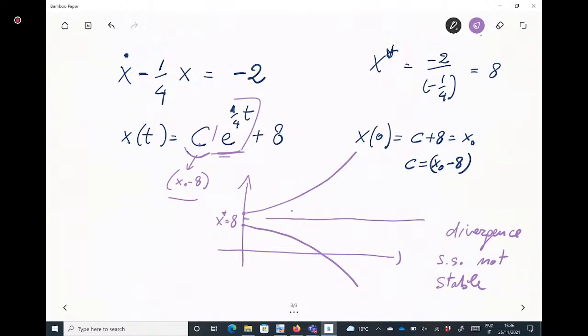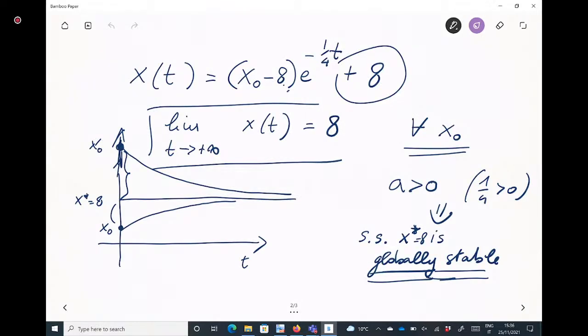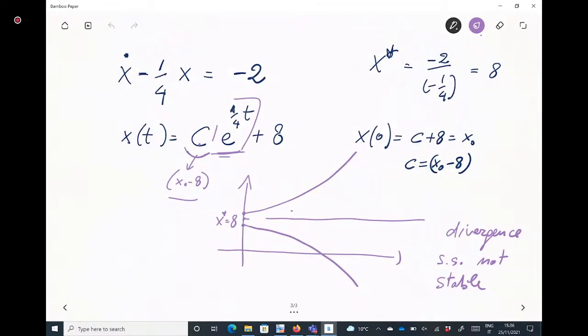So there are no forces in this system that bring the system back to equilibrium. While here, we have a force that brings the system to the equilibrium, okay? So this is the main insight. Unstable systems do have a steady state in general, or more steady states, but they are practically not so important as they are in stable systems.